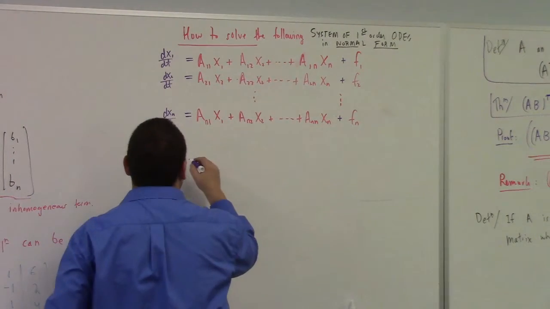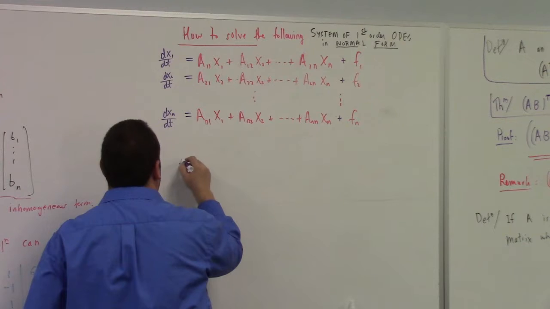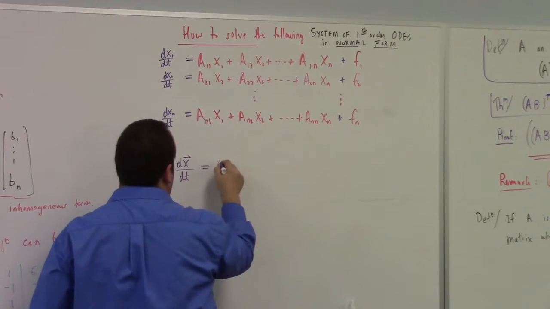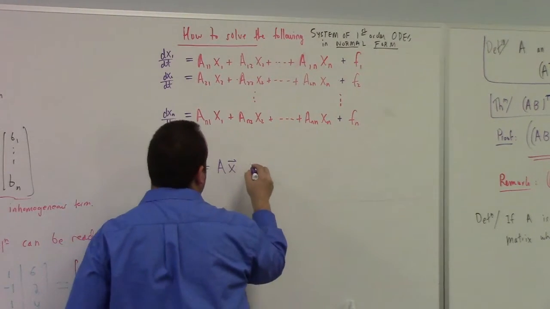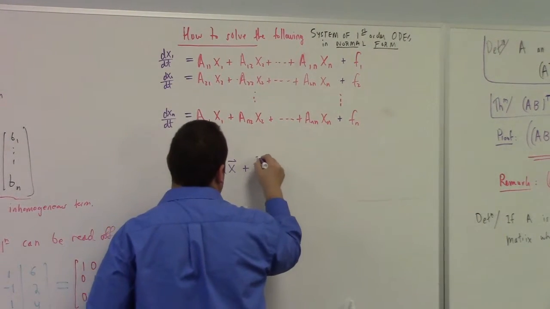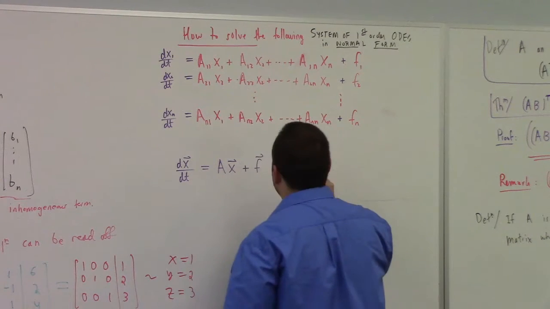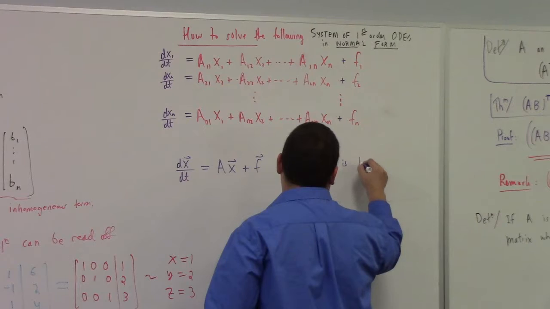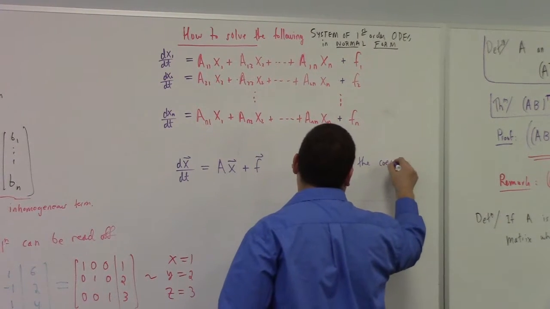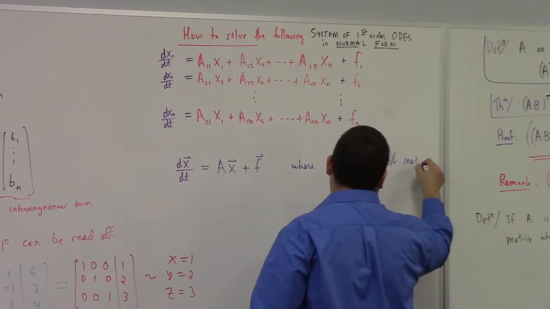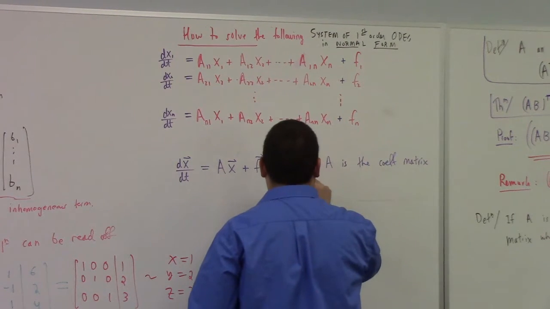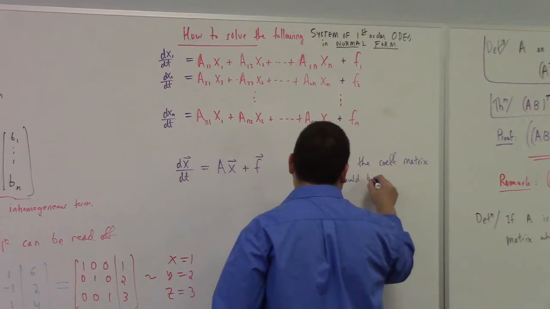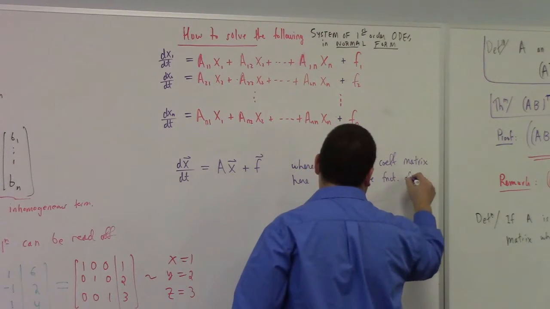So you can rewrite this as dx vector/dt is equal to A times the x vector plus f vector. Here A is the coefficient matrix, and a sub ij could be a function of t.